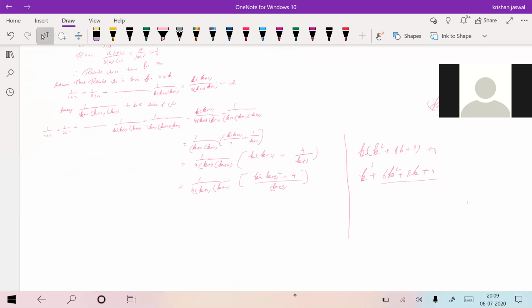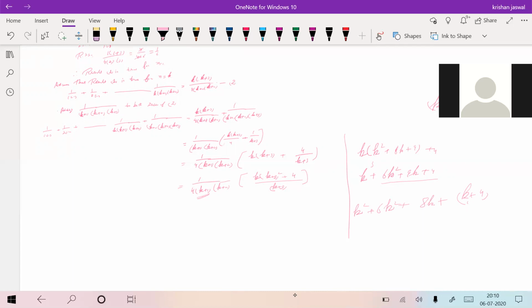Also, we need k plus 4 and k plus 1 square, because in the denominator we have one k plus 1 extra. k plus 4, how will we take k plus 4? 3k plus 3. What is extra? 3k, k plus 4 plus 8k plus k square.